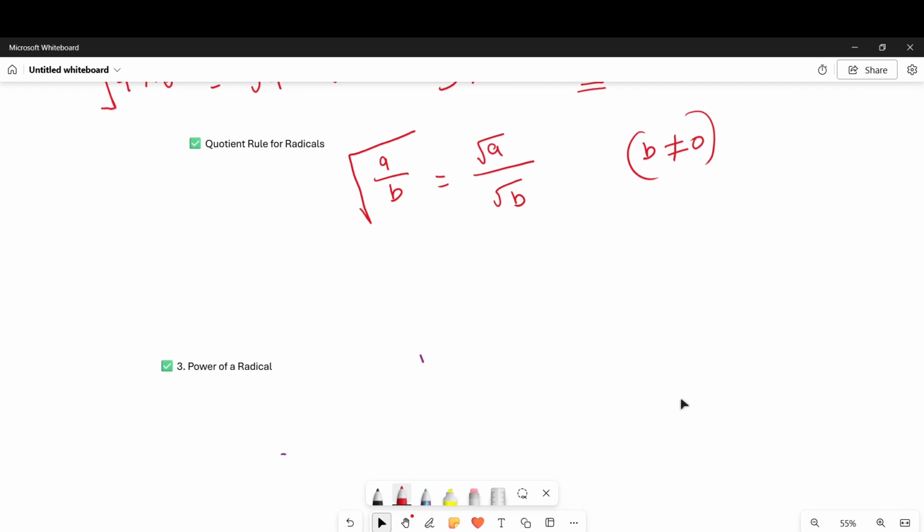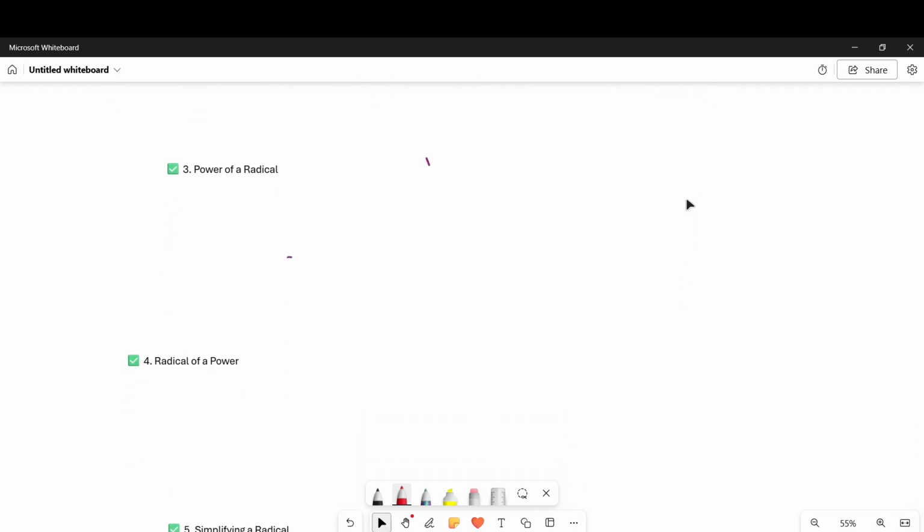Moving forward, here we are going to see the power of a radical and the radical of a power. Both are the same, but I will give you examples. For the power of a radical, first we write a radical symbol with index n, and we raise it to the power n. We can convert this into exponent form. As per the exponent rule, it is a to the power 1 by n, raised again to the power n.